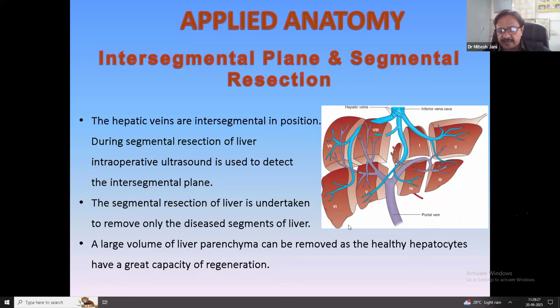So out of any segment of the liver, not lobe, if we resect any one, it can be regenerated with the healthy hepatocytes. So the intersegmental plane is very important to know in which area or segment the pathological changes have developed.